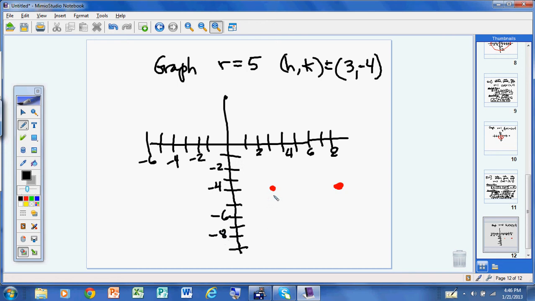And if you think about it and going 5 down for the radius, it would be right there.